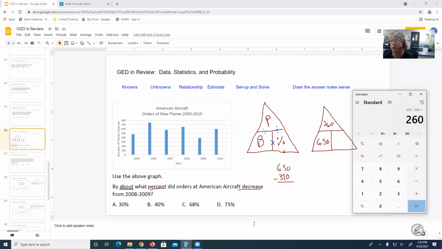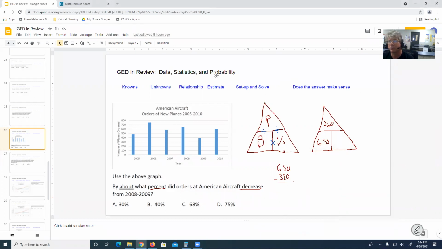Using my calculator again, this 260 is going to be divided by the 650, and this is going to give me 0.4. Now remember, when you use the triangle model, you still have to move your decimal 2 places to the right. So once I get this 0.4, you move the decimal 2 places to the right, which ends up making this 40%.